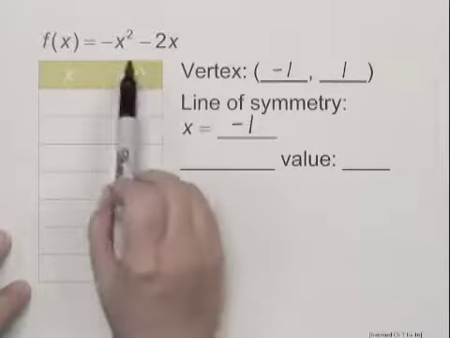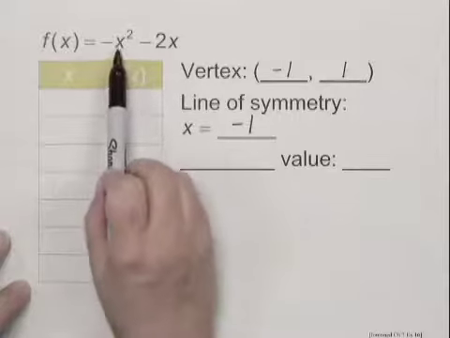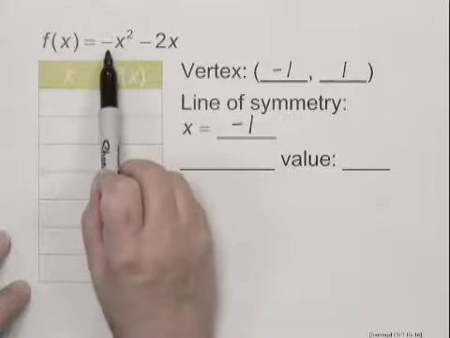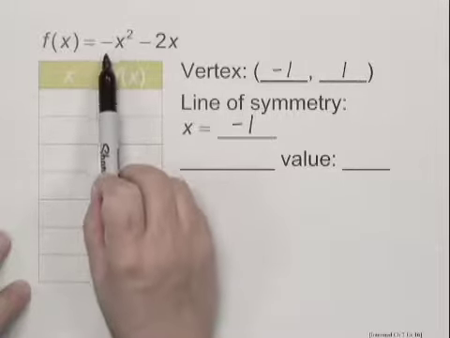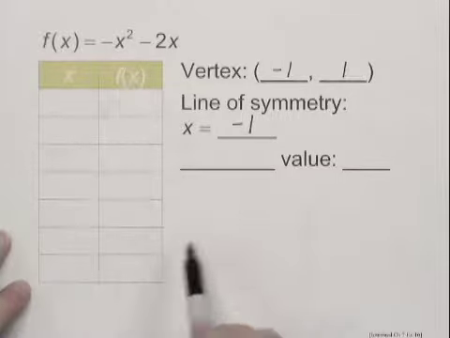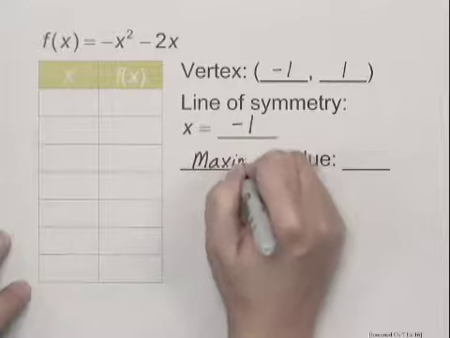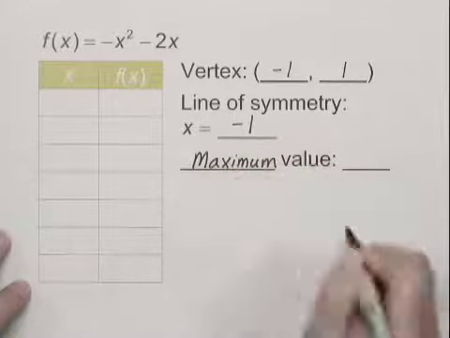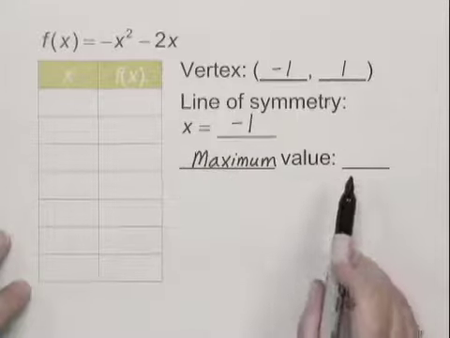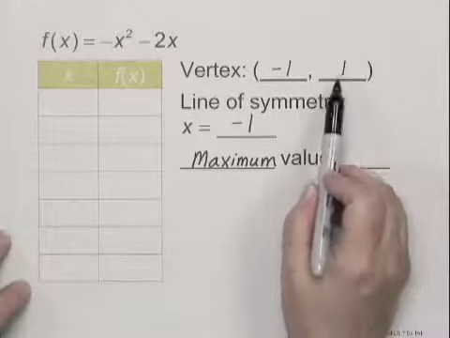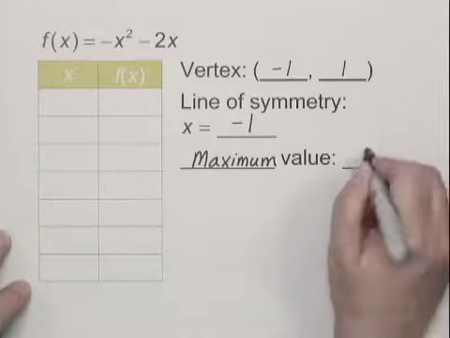For that, I can look at the original function and find that the coefficient of the x squared is -1, which means that the graph opens downward, which means it's going to reach a maximum at its vertex. So you write in maximum value, and that would be the k, or the y-coordinate of the vertex, which is 1.